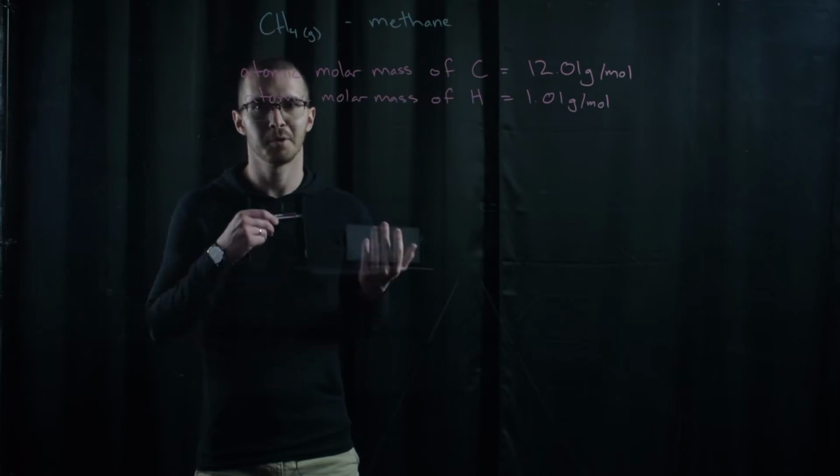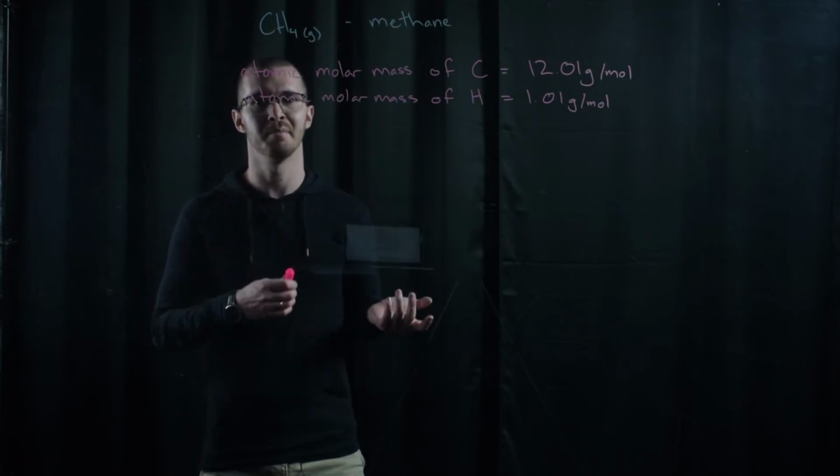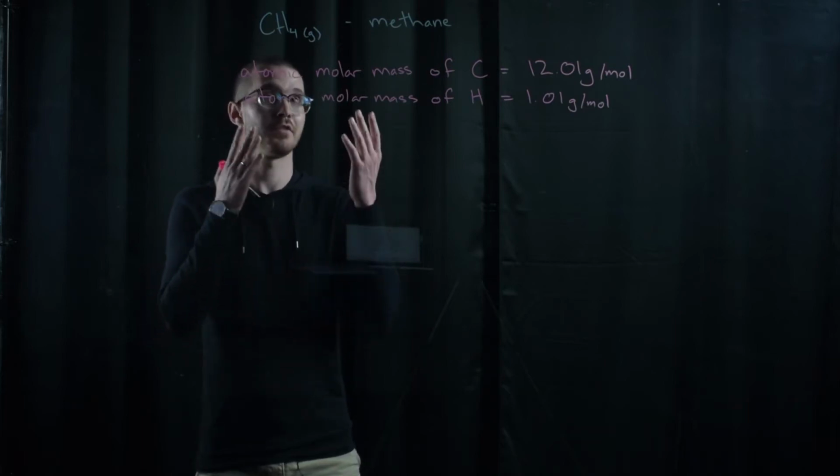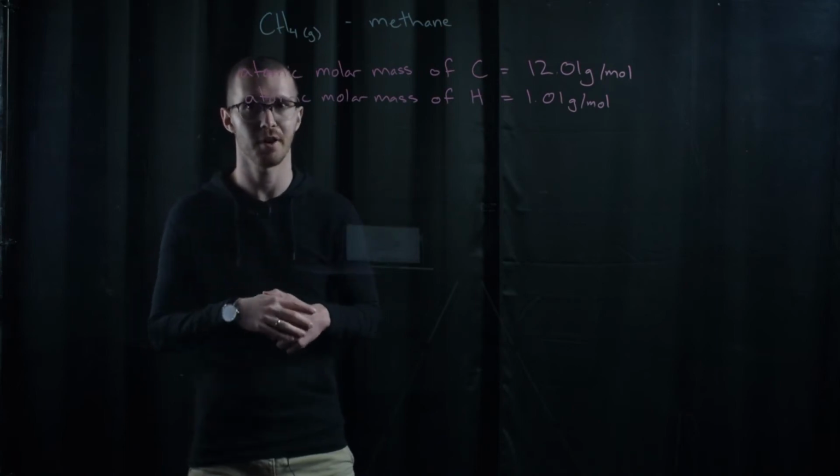So to calculate the molar mass of methane, we need to add up the molar mass of all of the carbons and all of the hydrogens involved.